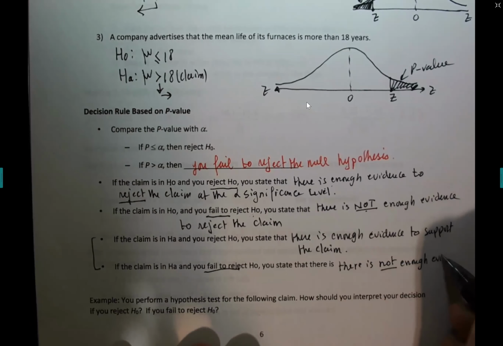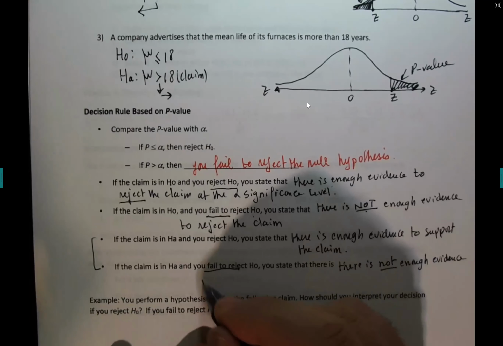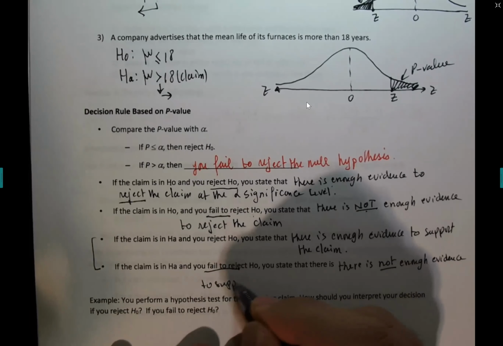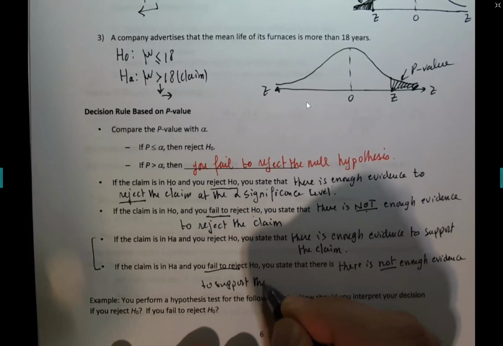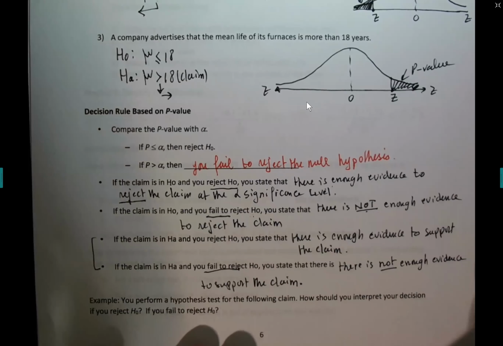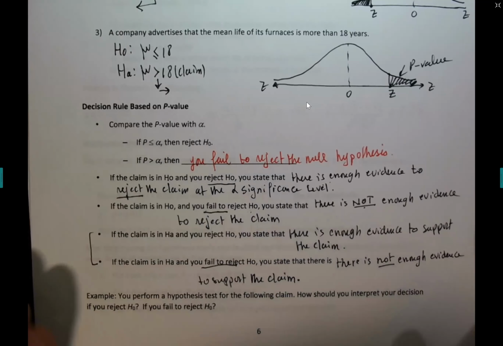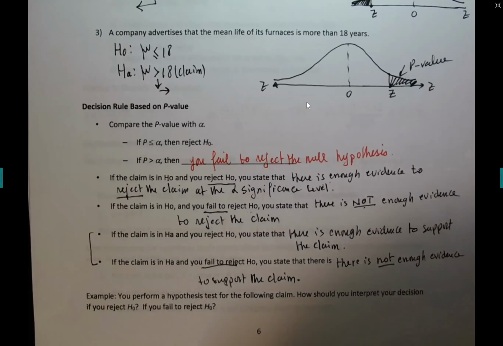I mean, this word makes a big difference. It changes the statement from a yes to a no. There is not enough evidence to support the claim. So as you can see, guys, we never confirm a claim 100%. There is no such thing as 100% in statistics.